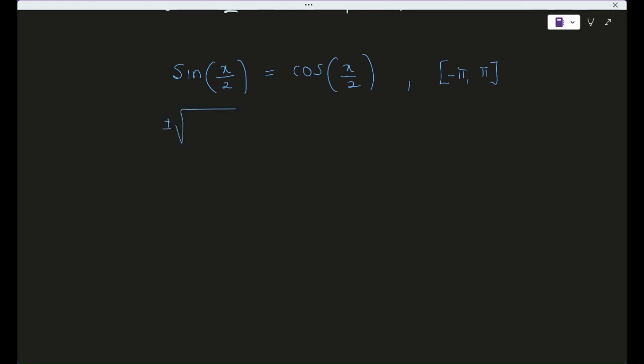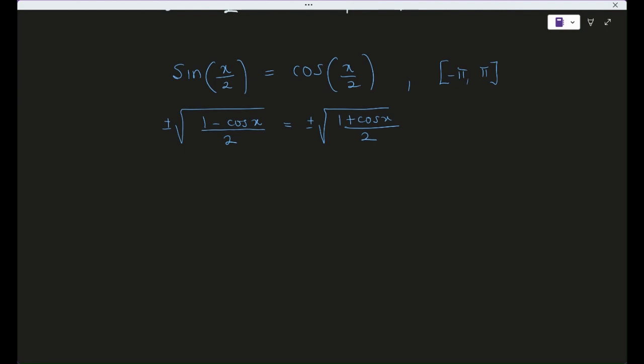So this is going to be plus minus because we are not really sure of the quadrant of x over 2. So plus minus is fine. So this is the square root of 1 minus cosine of x over 2, and the same story here, this will be the square root of 1 plus cosine of x over 2.